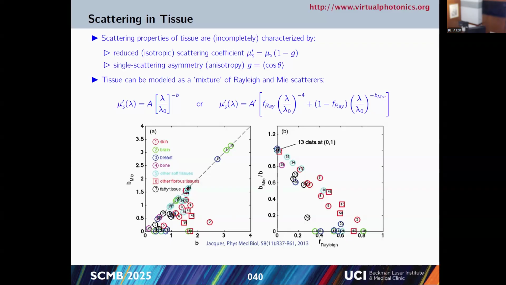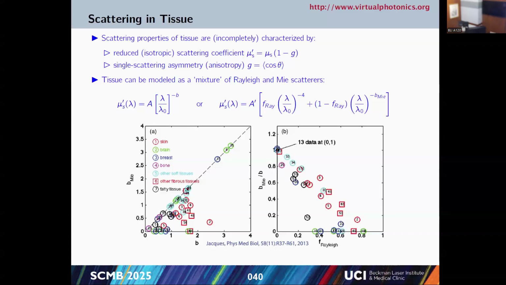And that's these tissues here. But for these tissues here, if you have a lot of Rayleigh scatterers, that means that b Mie is going to be larger than b because you've taken all the Rayleigh scatterers out. And so, I'm sorry, b will be larger than b Mie, and you'll get something like this.